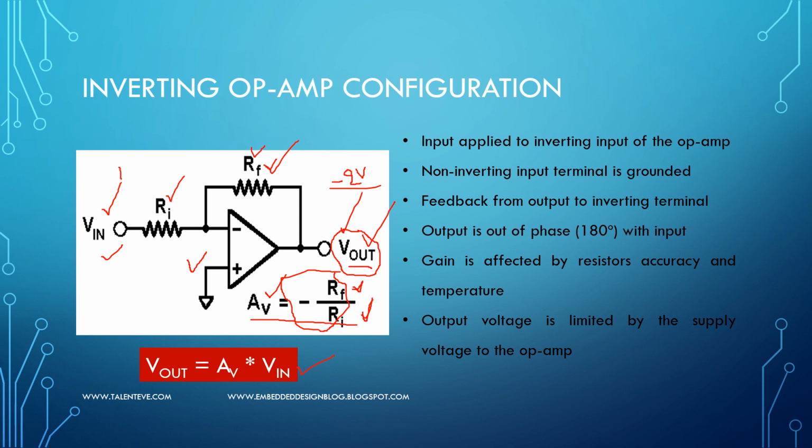So the maximum voltage the output can reach, or the minimum voltage it can reach, depends on the power supply provided to the operational amplifier. So this is a brief on the inverting operational amplifier configuration.